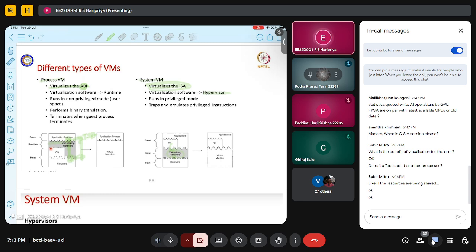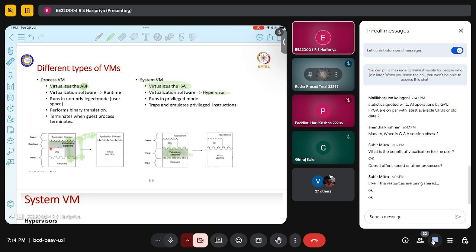The virtualizing software will run in privileged mode, so basically it will query the hardware for privileged instructions. On top of the VM at system level sit the operating system and the application. So the operating system and application are looking at this interface, which is the system interface, let us say the ISA.